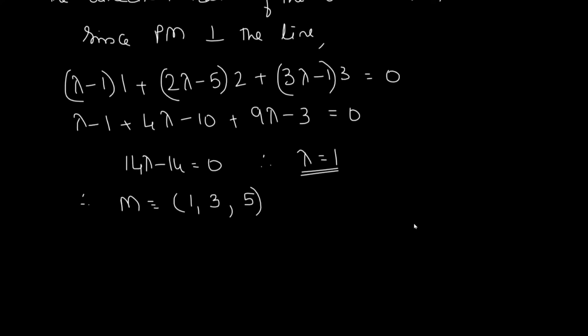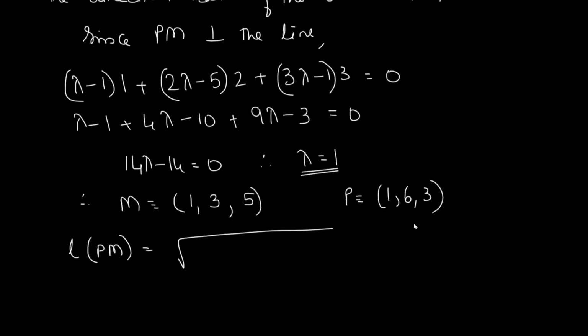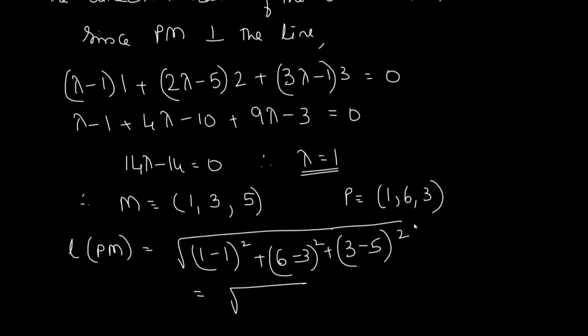Now we remember that we have to find the length of PM. We can find it using the distance formula. P from the question is (1, 6, 3). So length PM will be the root of (1 minus 1) the whole square plus (6 minus 3) the whole square plus (3 minus 5) the whole square, which is the root of 3 square plus 2 square, or root of 9 plus 4, which is root 13.